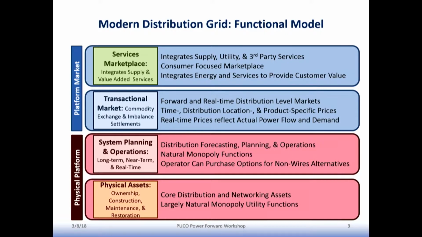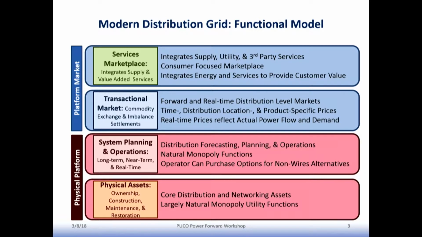With the physical assets, I think we have had lengthy conversations about that. I think we can get to a place where we feel comfortable with the physical assets, and that we are allowing for investment in assets that will create a distribution system platform, a physical platform, going forward.